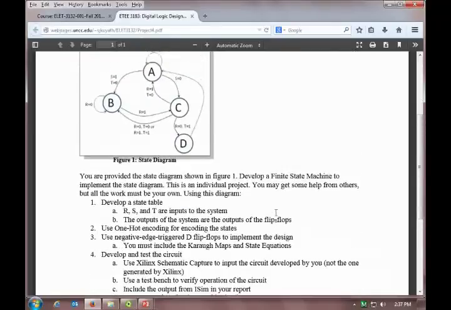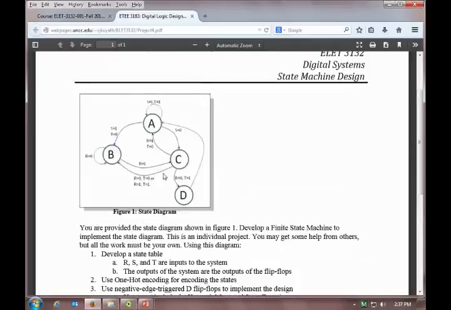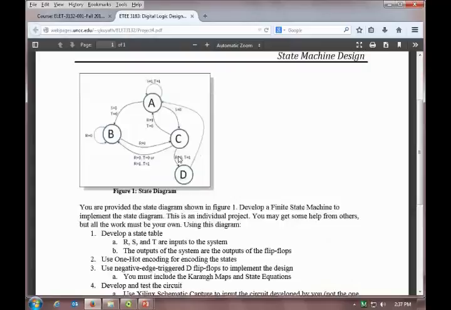Okay? The outputs of the system are the flip-flops. That last one I had, Z, I said was the output. I gave it a name, but it was just the output of the second flip-flop. Here, I'm saying that's what the outputs are. It's either going to show whatever you name A, B, C, or D. So if you name these 0, 1, 2, and 3, well, you can't.